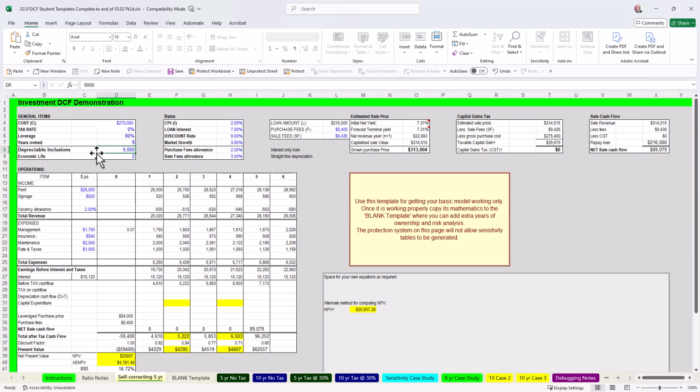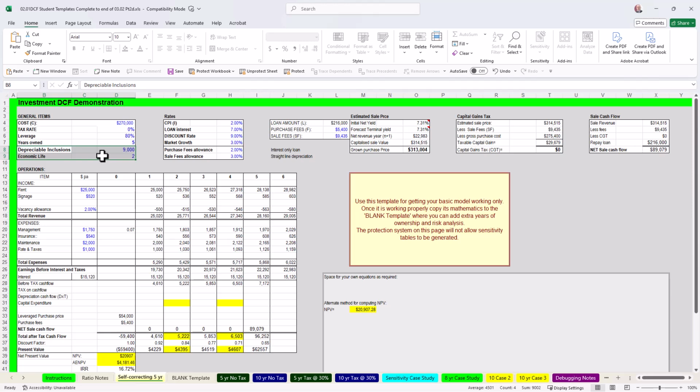So one way or another, we've got an economic life for our carpets of 2 years. Now you might say, well, carpets actually last longer than that, and this is where you have to make a prudent decision. But for this exercise, I'm simply using this artificially low number to help us do our calculation and show how it works. When you make your model for 10, 15, 20 years and you're working with realistic data from industry, then you can put in more realistic numbers here. So this is purely for demonstration.